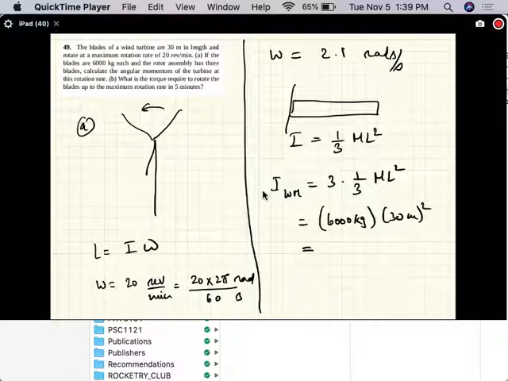So that's 954 times 10 to the 5 kg meters squared.